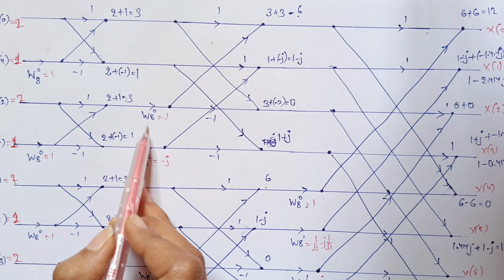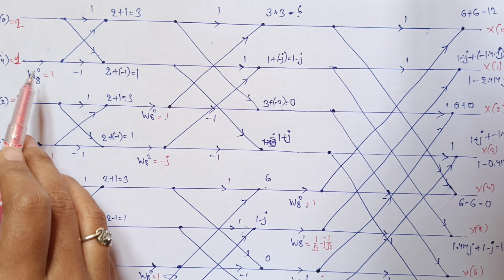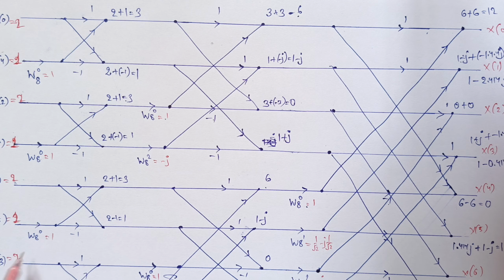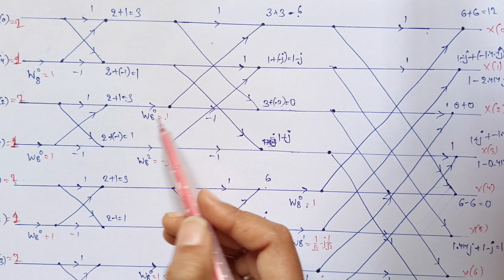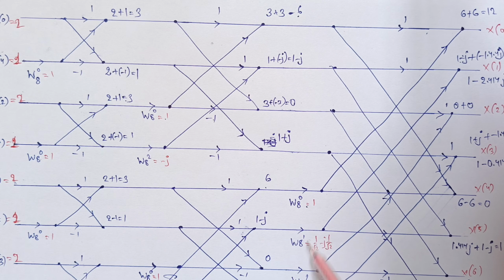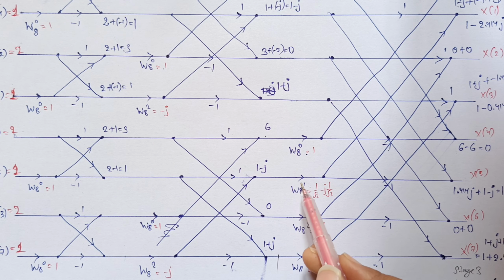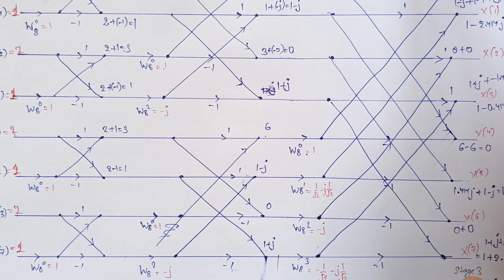Also we have to consider W8 of 0, W8 of 2 values. So on these independent butterflies we will have W8 of 0. On these 2 butterflies we will have 0 and 2, and on the final 4 butterflies we will have 0, 1, 2 and 3 in sequence. So here you can see 0, 1, 2, 3 in sequence.